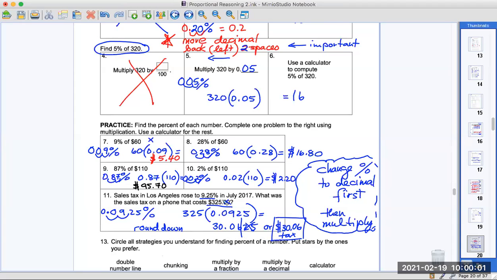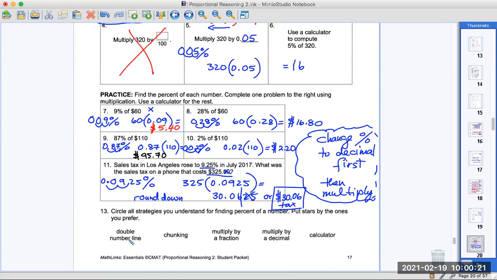So you would add that to your phone to get the total price out the door. Okay, so this has 4 decimals. You got to cut them off. 4 or lower, you cut them off. 5 or higher, you add 1 to the last digit.